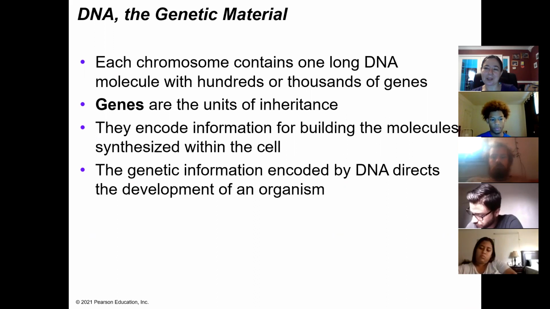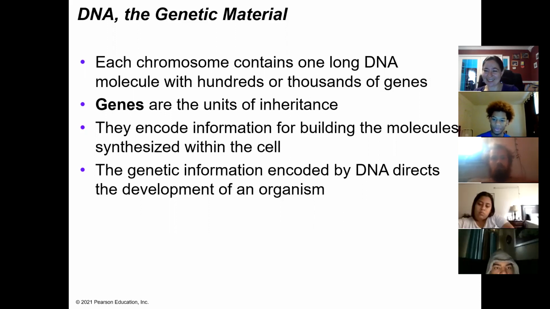Now, who can tell me how much genetic material you share with your siblings, with your brothers and sisters? What do you think? It depends, right? On what? You can come up with different genetic variation in your siblings, I think.